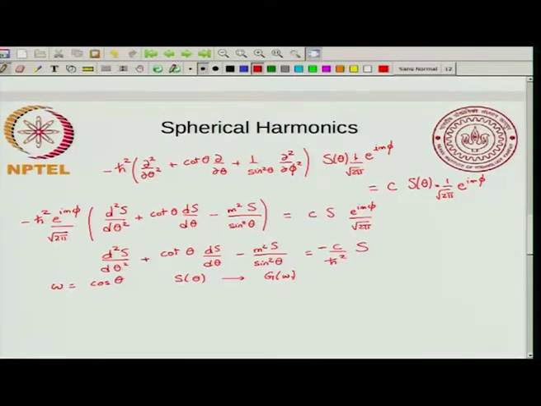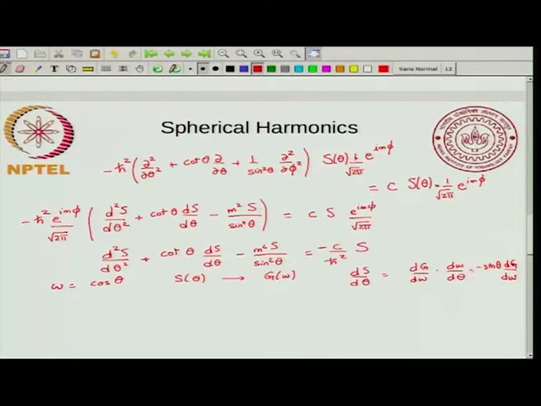Then if you take any derivative, ds by d theta is equal to dg by dw into dw by d theta, and dw by d theta is just minus sine theta. So this is just minus sine theta dg by dw.